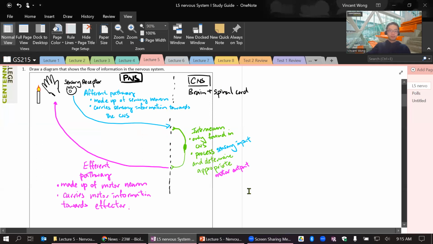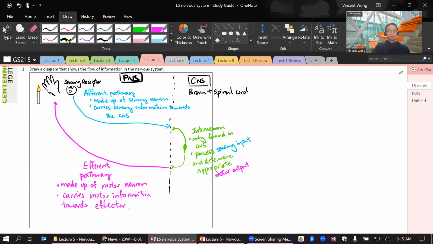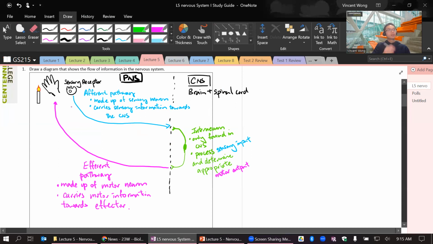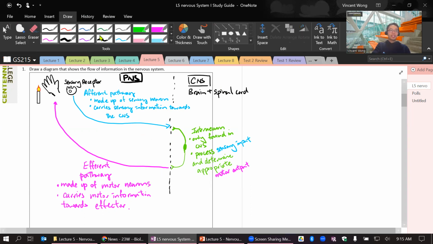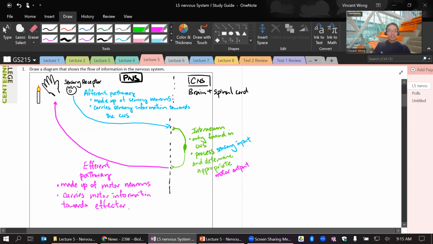That actually makes a good point. Yeah, sorry, go ahead. I'm only asking because it's worded "made up of motor neuron." Oh, sorry. Yeah, motor neurons. There we go. Is that better? Thank you. So this whole thing right here, I don't know if I should talk about it now, but it might confuse somebody, so I'm going to write it down now and we're going to come back to it later.